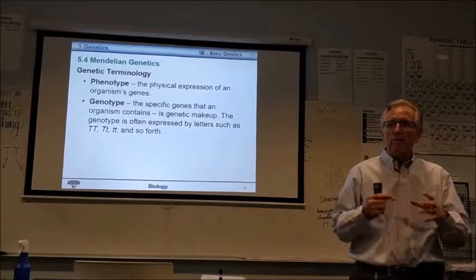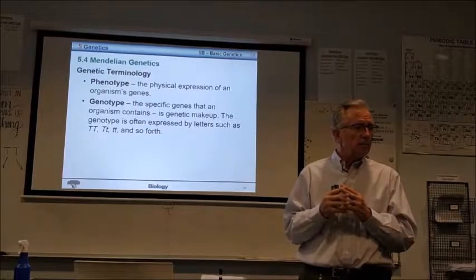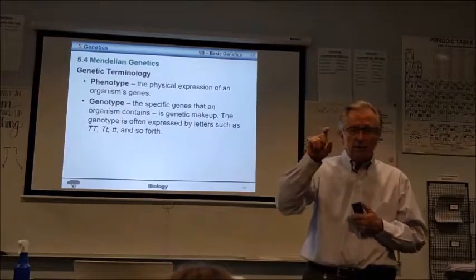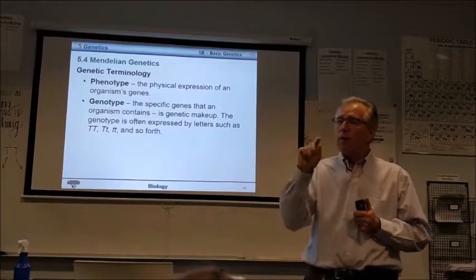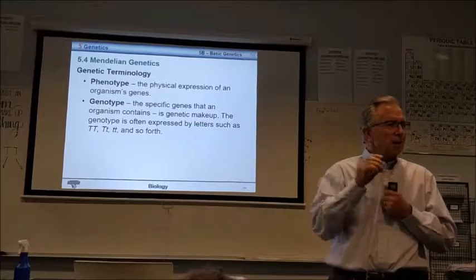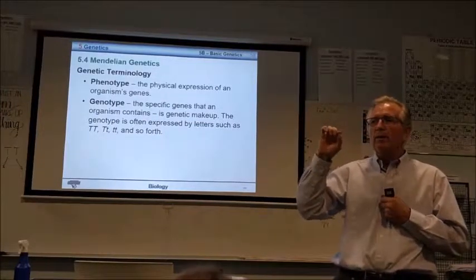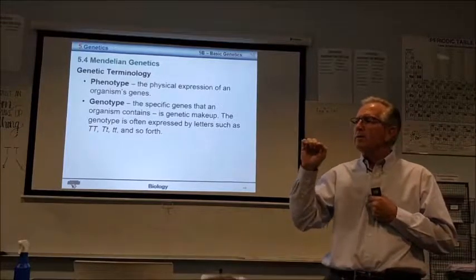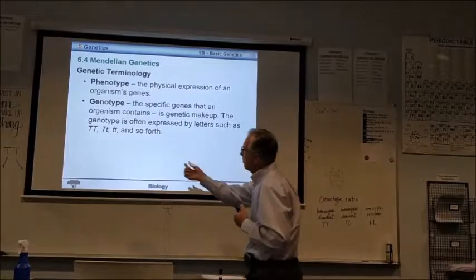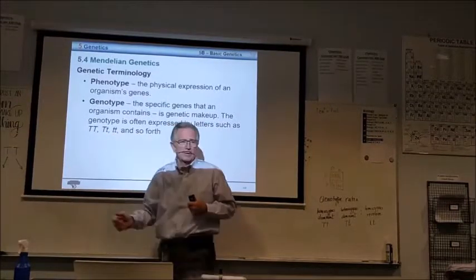On your human pedigree project that you're doing, that's one of the things I said I would elaborate on at a future time, and that's now. In every one of those shapes, whether it's a square or a circle, you need to tell me whether it is both capital letters, a capital and a little letter, or 2 little letters.